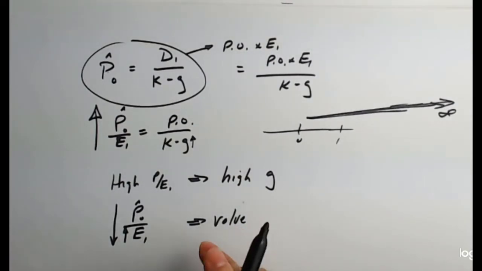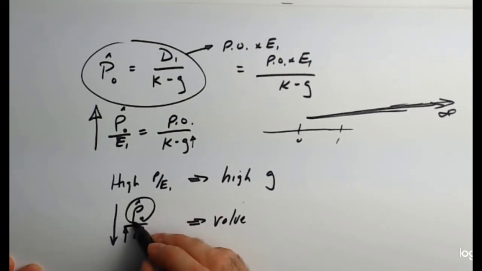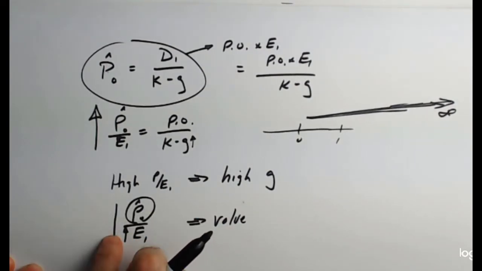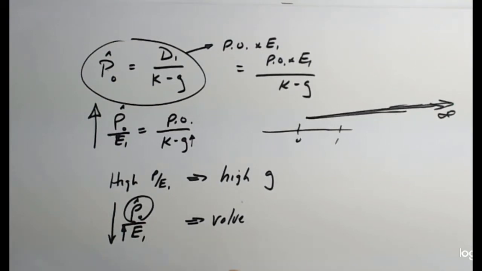It means that the price relative to earnings is low. So it must mean a discounted or cheap bargain stock. So therefore, you can use PE ratios to sort growth versus value stocks, which is probably one of the most common dimensions of sorting stocks for investing. Growth investing versus value investing.